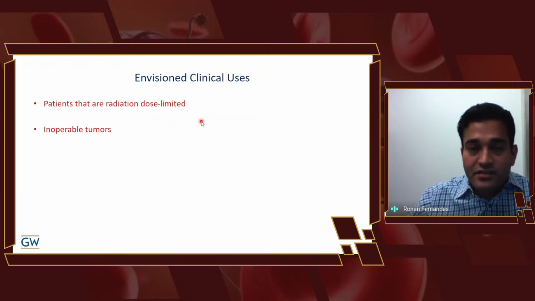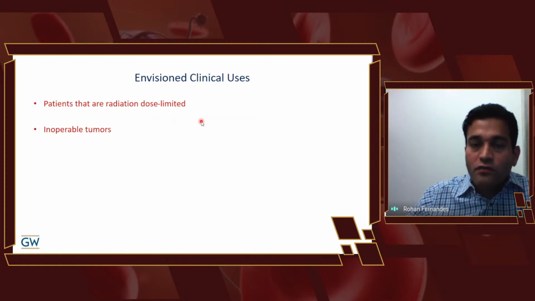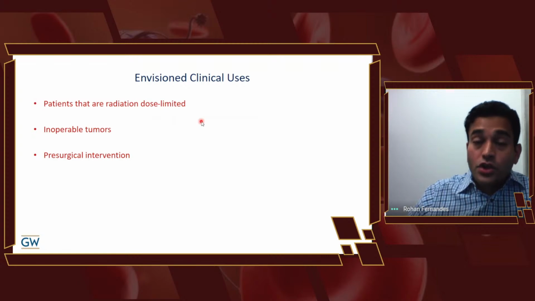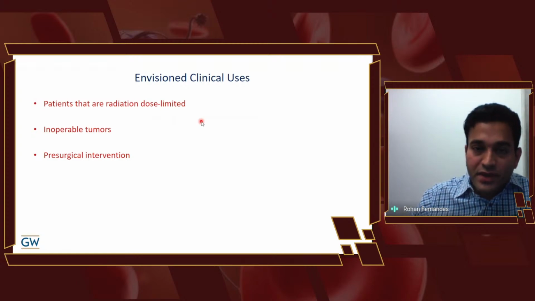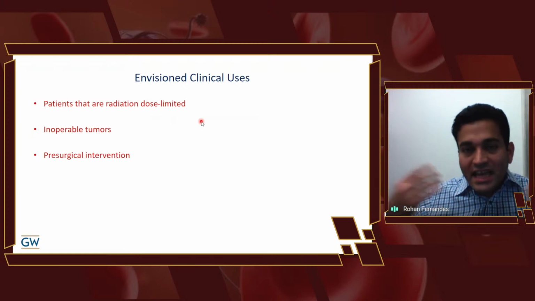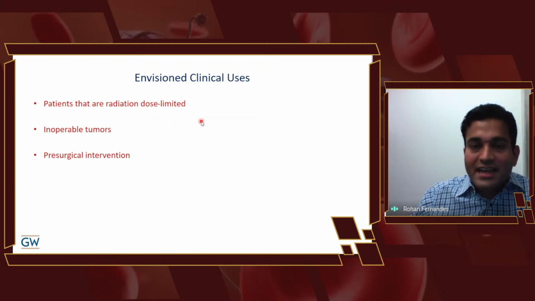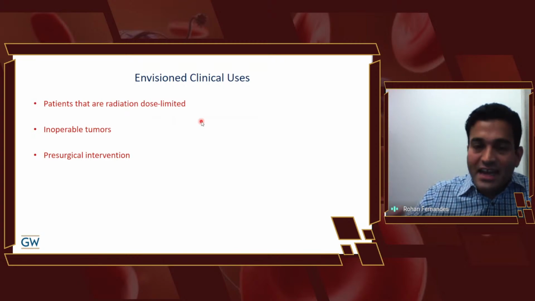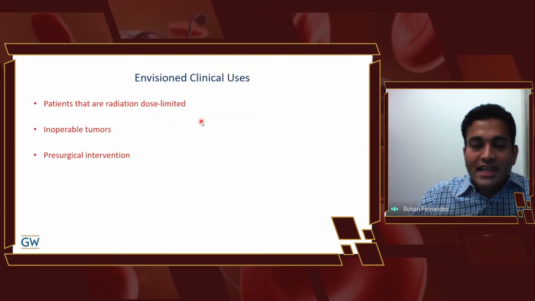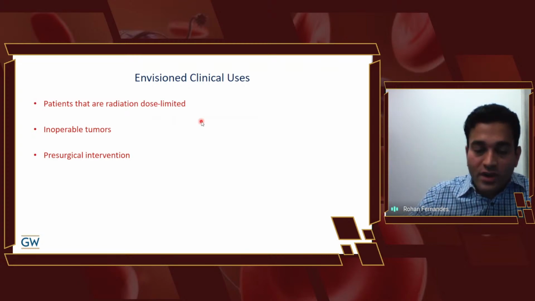If you have surgically unresectable tumors, you could consider them as candidates for photothermal therapy. You could also use the intervention pre-surgically so that you can jumpstart the immune response, which can then clear any residual tumor left over, along with a surgical intervention after this pre-surgical nanoimmunotherapy.